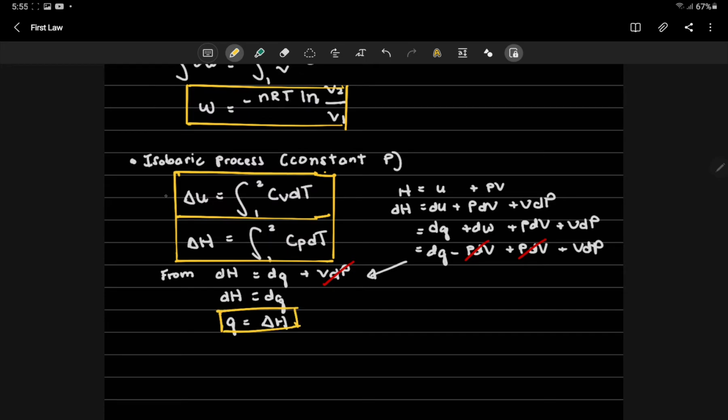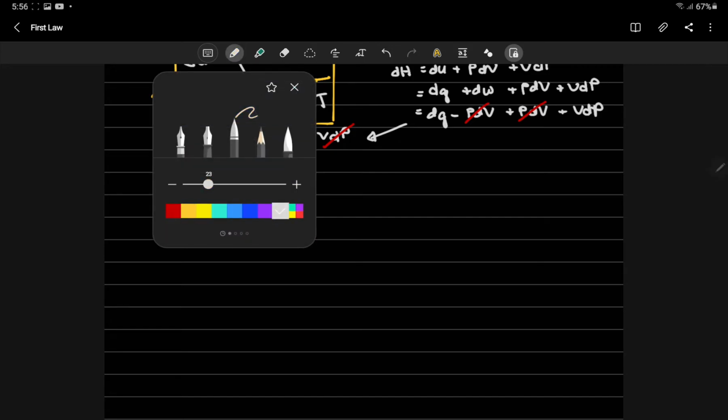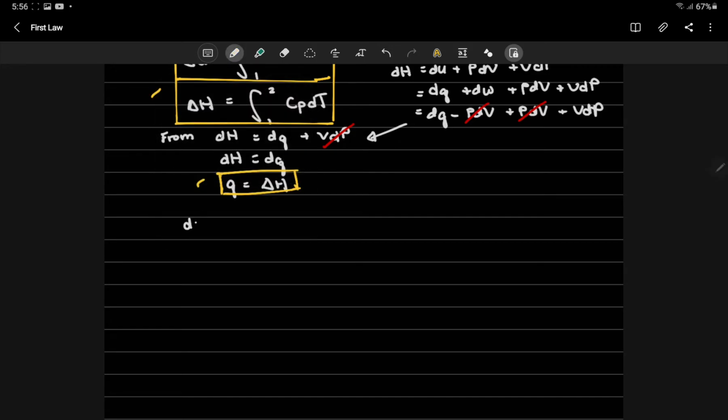So, meron na tayong delta U, delta H, Q. Ang natitira na lang is si work. So, how do you obtain an expression for work? So, just remember again, dW is minus PdV.